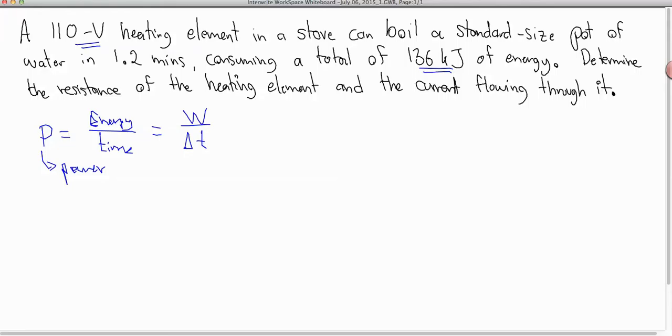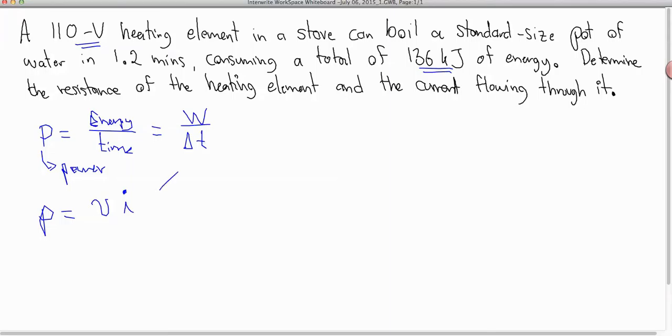Now, we also know that power in an electrical circuit is voltage times current. So power is voltage times current.